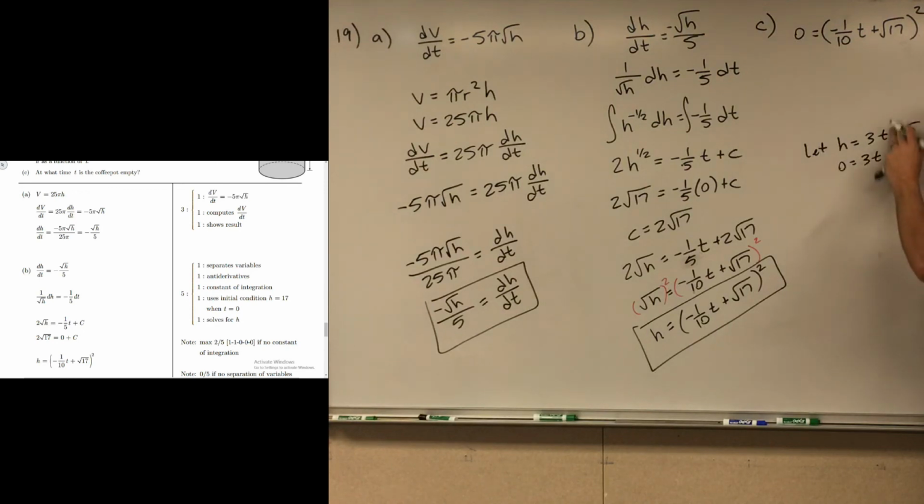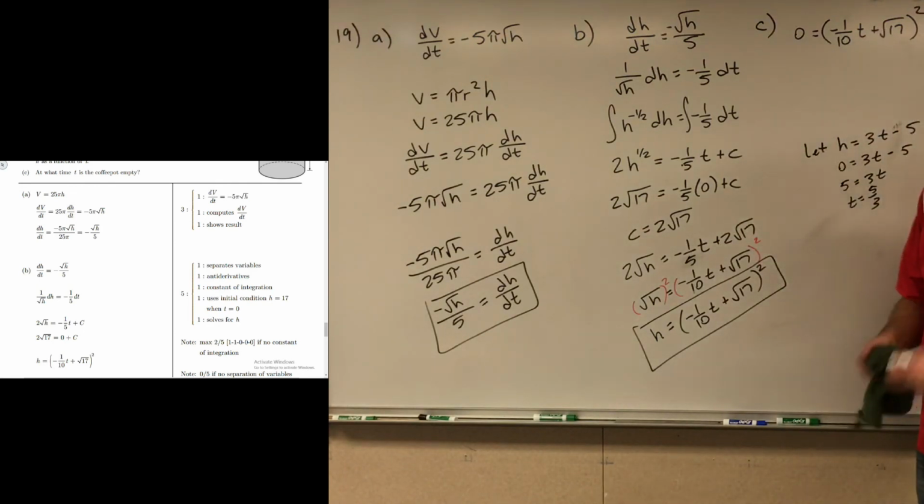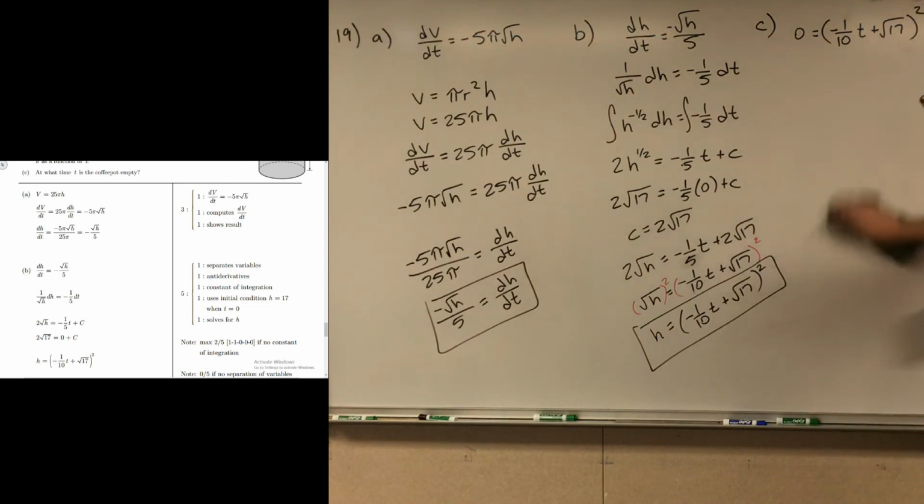No, that won't work either, because that'll give you negative time. Minus 5, right? So 5 equals 3t, so t equals 5 over 3. What they see is you know what you're doing. You just didn't get to this point, but if you knew that, you'd be okay. So they'd probably give you the point for that.